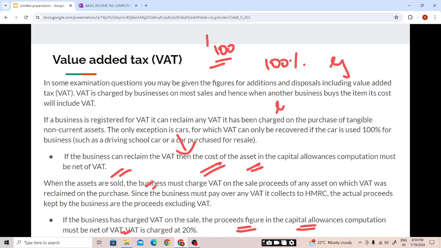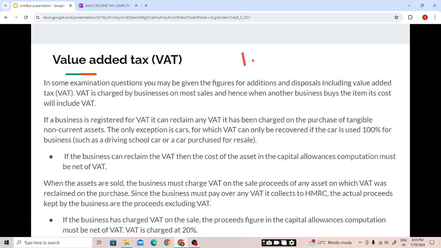Mostly they'll give you the gross amount, and you need to calculate the net amount. So gross amount is 120% and the net amount will be 100%. Cross multiplication will give you the answer, or you divide the amount by 1/6, and that amount is the VAT amount. This you need to reduce from the gross amount to arrive at our net amount.